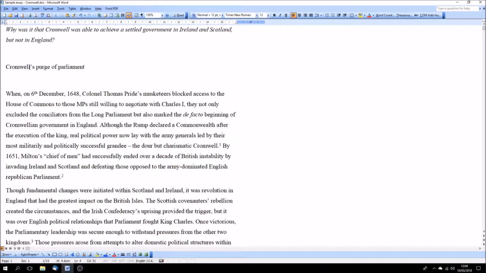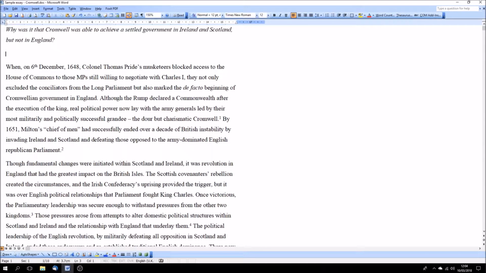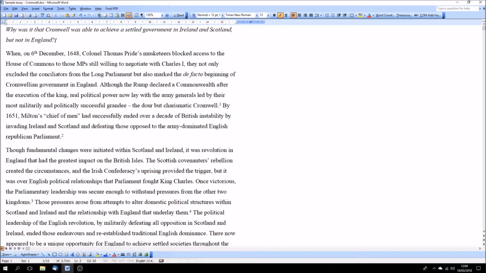So the possessive goes here, because it's the purge of Cromwell. So if we type this, that's a plural. That's the plural of Cromwell, so lots of Cromwells, but this is the individual. Cromwell's purge. And simple grammatical rules of possessives really do trip people up quite a lot, I've found.